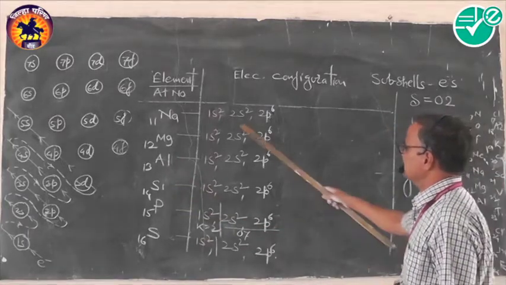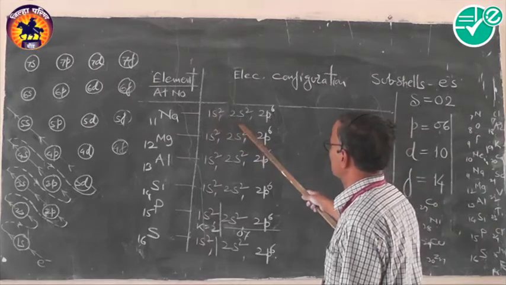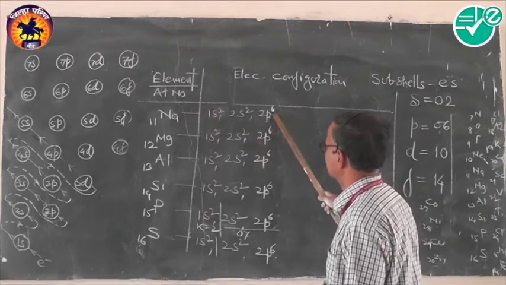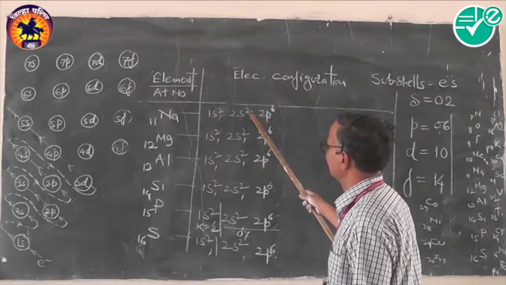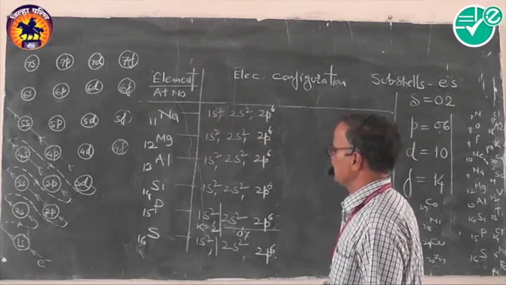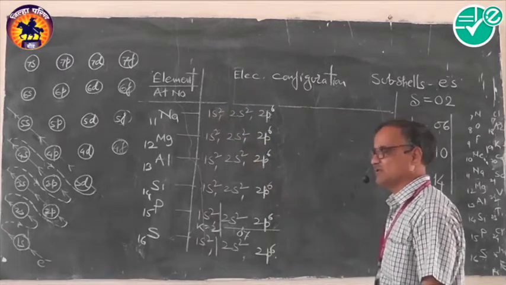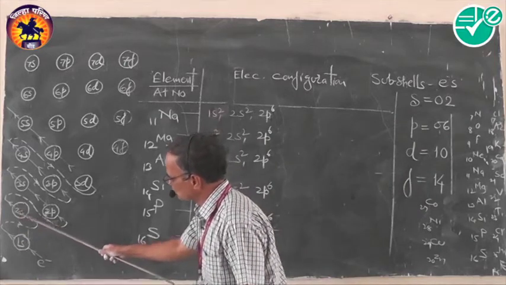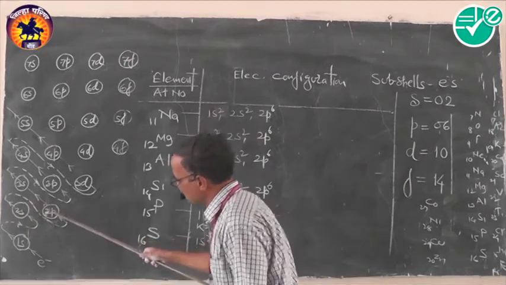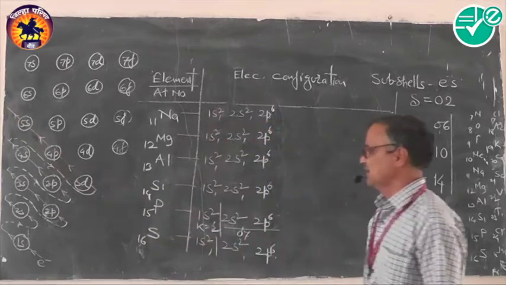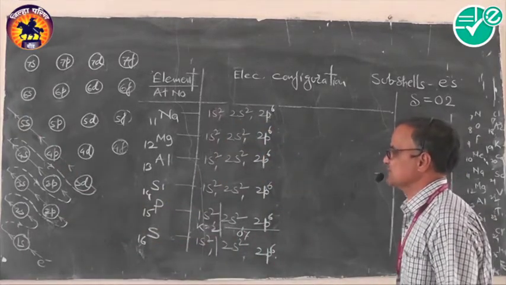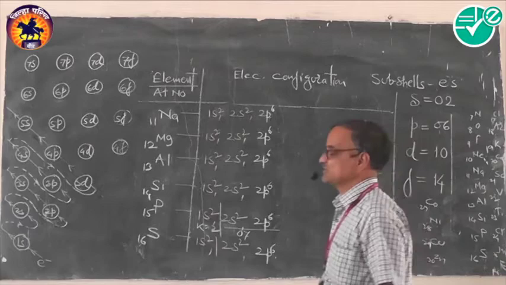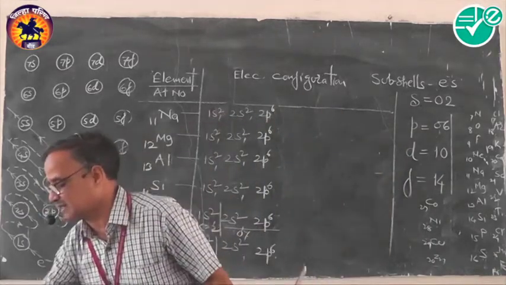So first 3 subshells, that is 1s2, 2s2, and 2p6, that is 6 plus 2, 8 plus 2, 10. 10 will be the atomic number of neon. And now 2 plus 2 is equal to 4, 4 plus 6 is equal to 10. Now electron moves forward, that is towards the 3s subshell or s sub energy level.